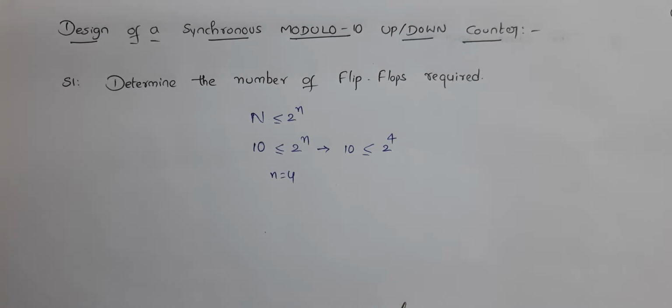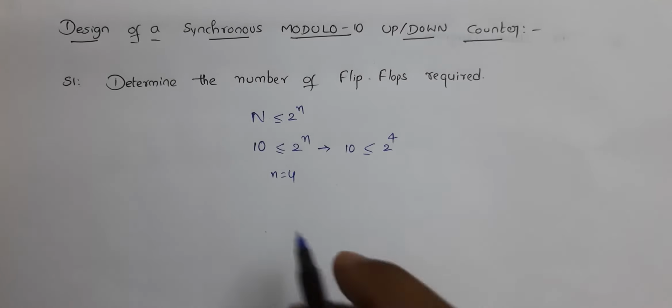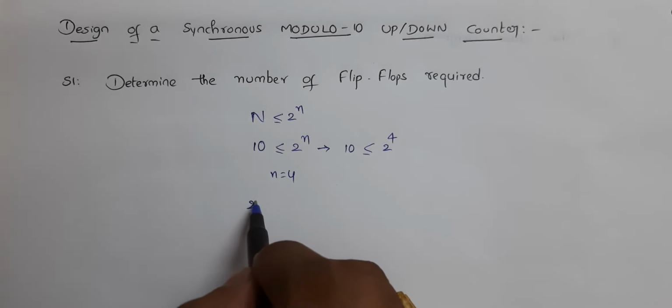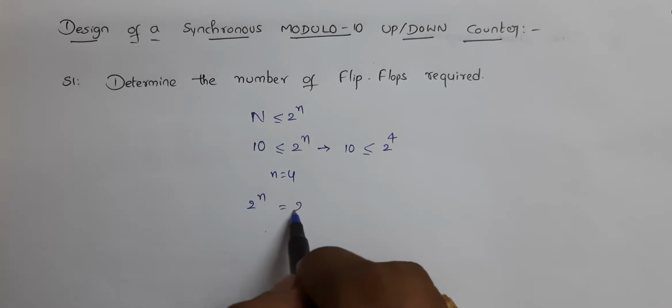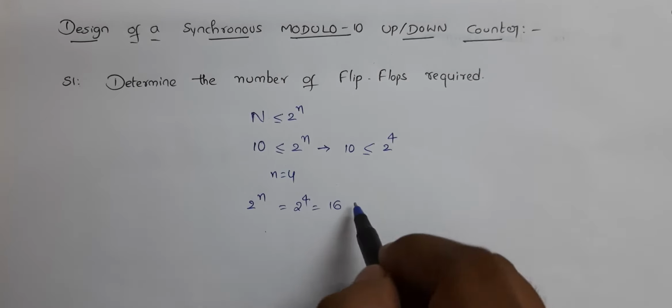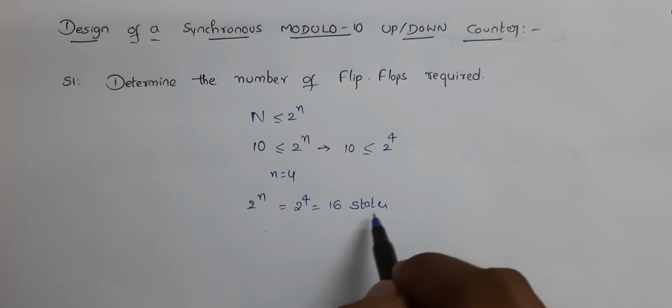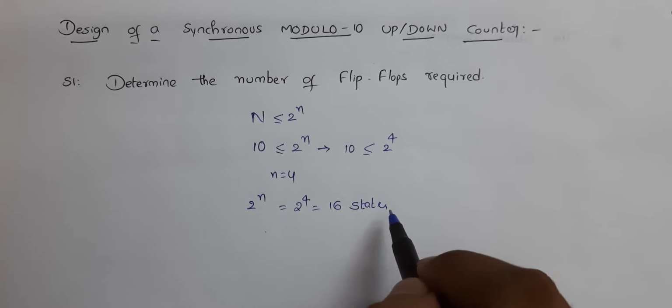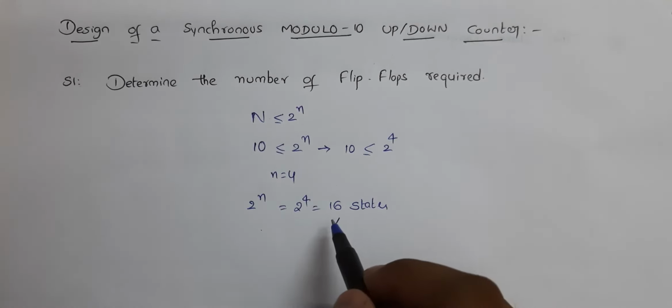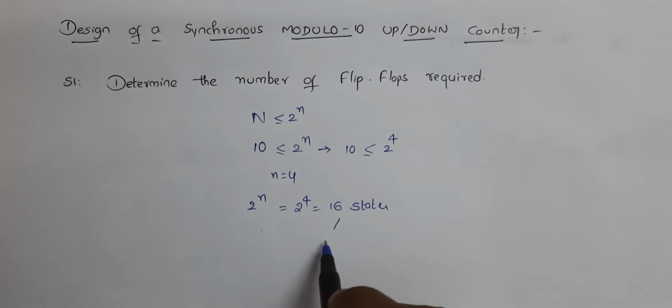And there is one more important point. We determined the number of flip-flops is 4, but with 4 bits it can produce 16 states. Why? Because the number of states is 2 to the power of n. That means 2 to the power of 4 gives 16 possible combinations. Among the 16 states, we need to consider only 10 states.